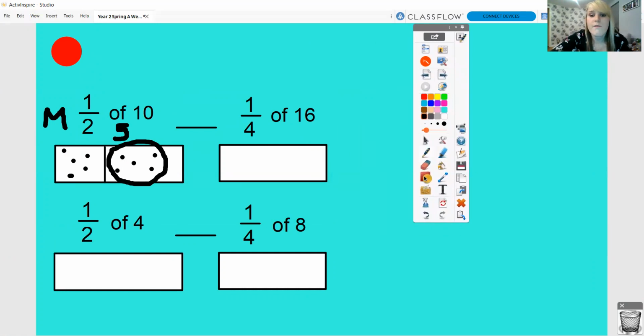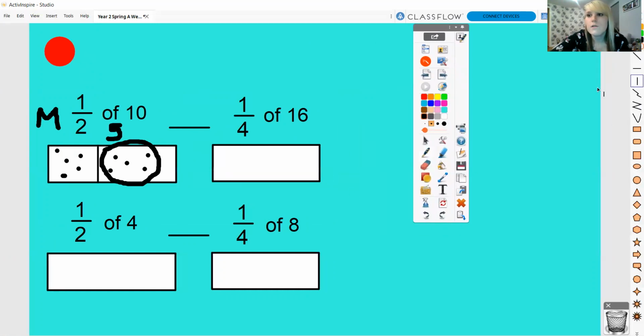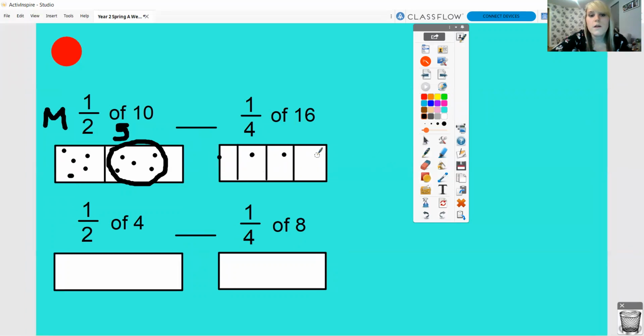So then we have 1/4 of 16. So we divide the bar into 4, share out 16. 1, 2, 3, 4, 5, 6, 7, 8, 9, 10, 11, 12, 13, 14, 15, 16. 1/4 is 4. So what would the crocodile rather eat? What is greater? Half of 10, which is 5, or 1/4 of 16, which is 4?